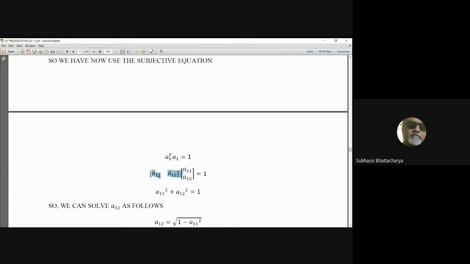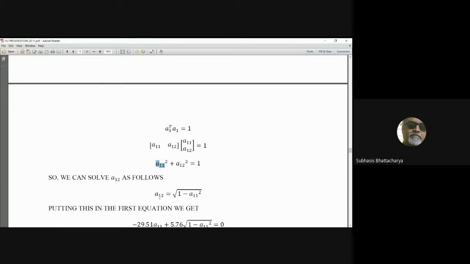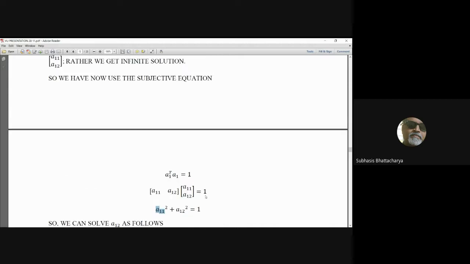So A11 is multiplied with A11, and A12 with A12, so the result is A11 square plus A12 square equals 1. That means from this relation you find A12 as root over 1 minus A11 square.